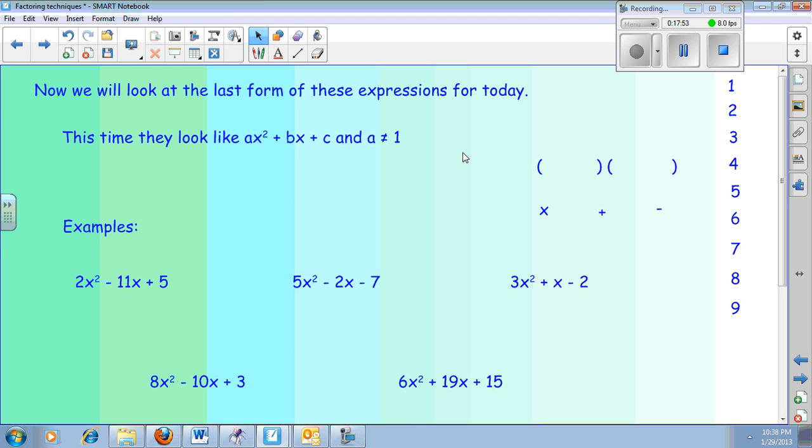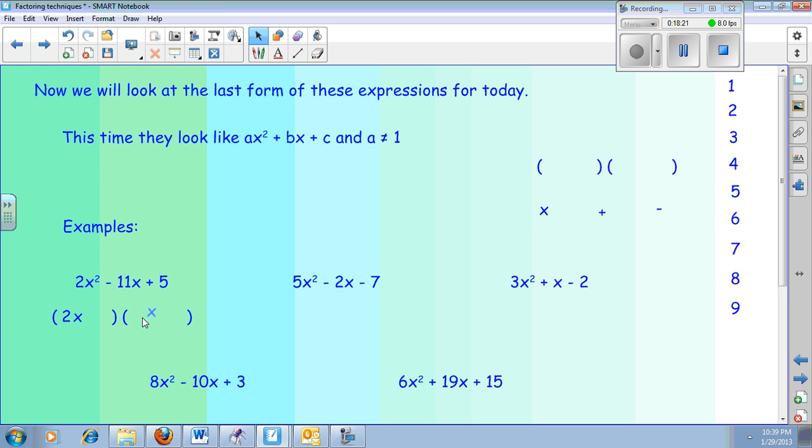In other words, you have ax squared plus bx plus c, but a is not 1. So looking at the first example, you see that a is 2. Now that becomes part of our trial and error, because 2 has to be part of that first term multiplication. So we have to bring a 2 down, and then we can bring our x's down.